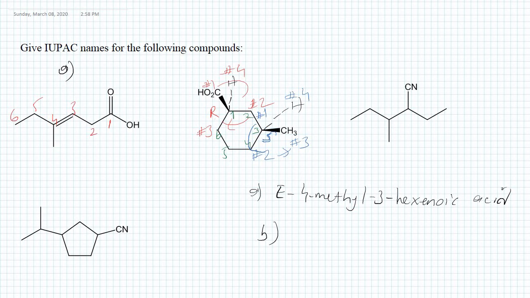When we write the name, we specify the location 1R and we put a comma, 3S, we close the parenthesis, we put a dash. Then we have 3-methyl as a substituent, the first letter is capital, 3-methylcyclohexane.